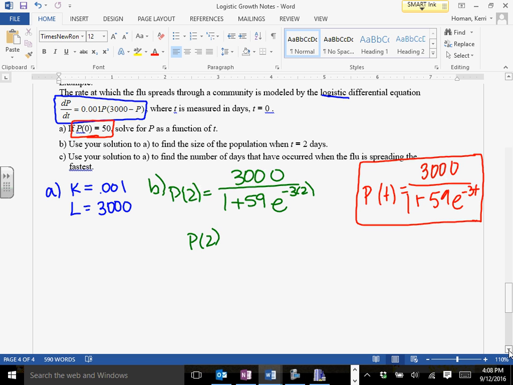How many people have the flu after 2 days? I'm using my calculator. You use your calculator. Make sure that denominator gets in parentheses.